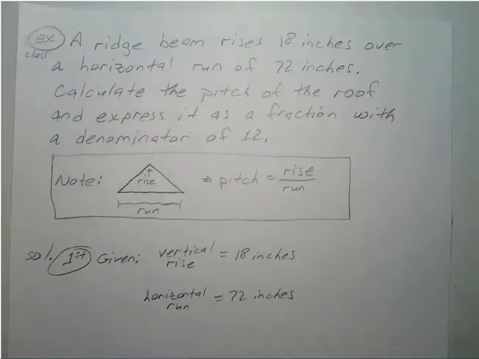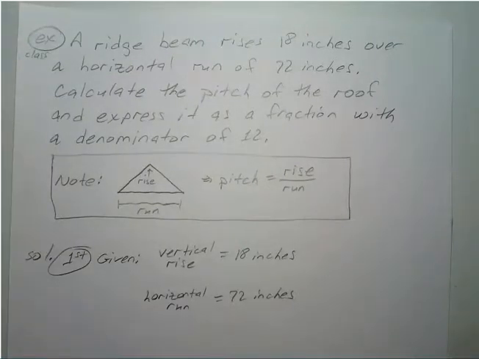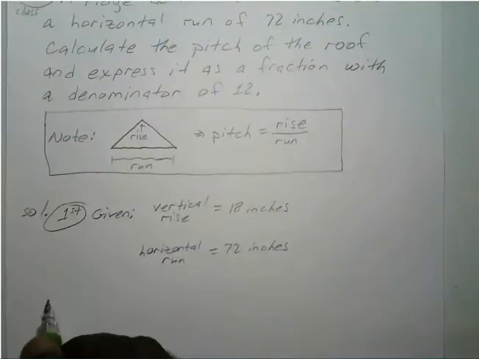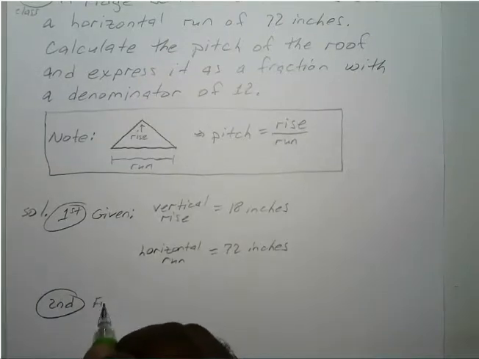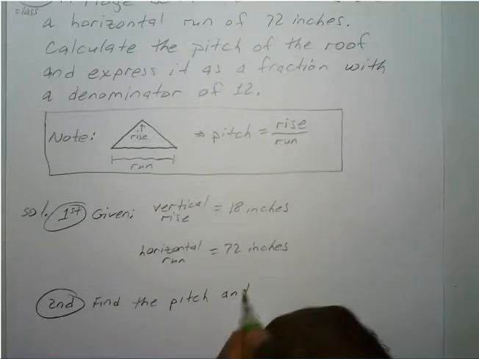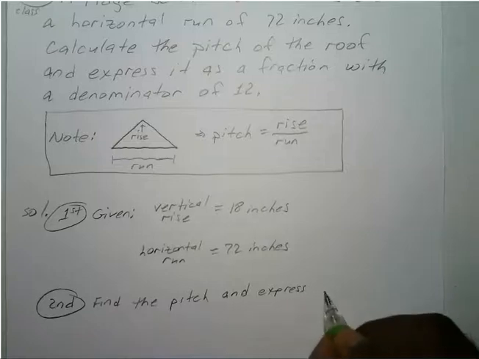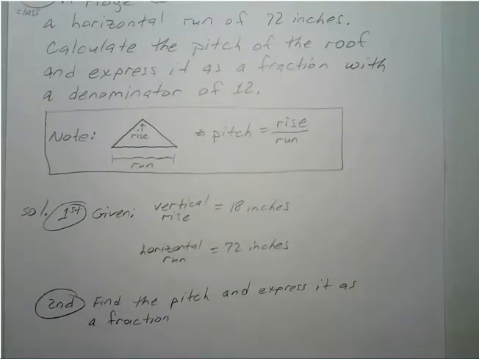Okay, so that's what was given to you so far. And we also know that the pitch is equal to our rise over run. Okay, now, second step is, what are they asking for? Okay, they want us to find the pitch. And express our answer as a fraction with a denominator of 12.